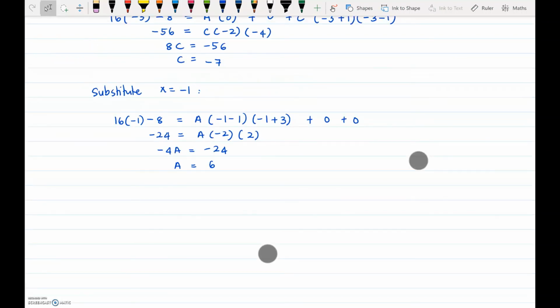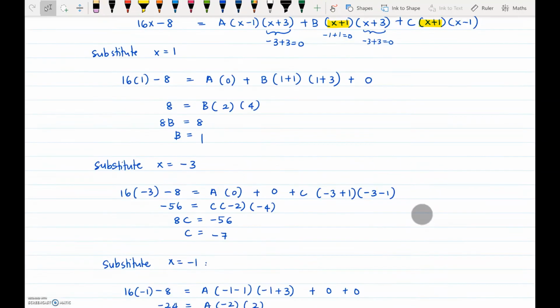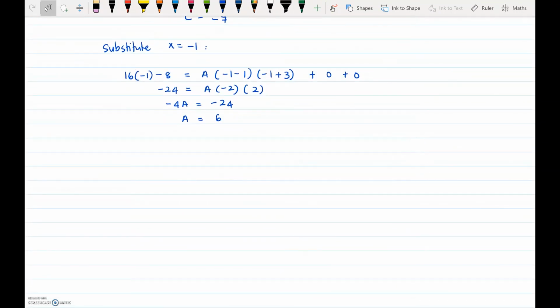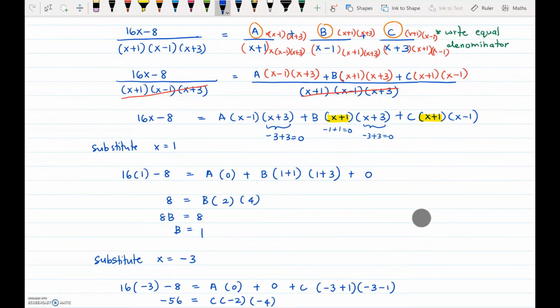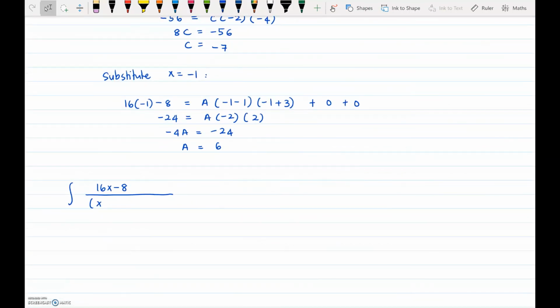Okay, so now let's solve the integration. We now have the integration of (16x - 8) / ((x + 1)(x - 1)(x + 3)) dx, which will be equal to the integration of 6/(x + 1) plus, where's your b?